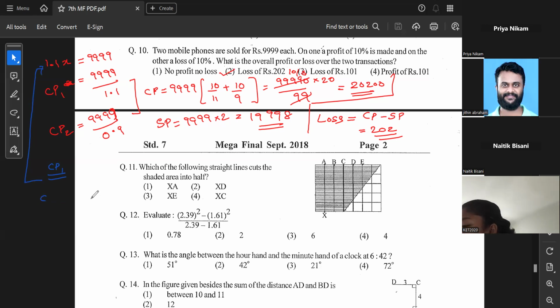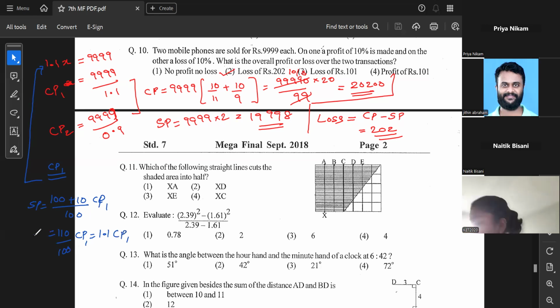Or I'll make it simpler. So in the first case, it's 10 percentage additional. So whatever your cost price was, 100 plus 10 percentage. That is your total percentage of the cost price. So selling price is 100 percentage of cost price plus 10 percentage of cost price. That will give you 110 percentage of cost price, which is equal to 1.1 into cost price.